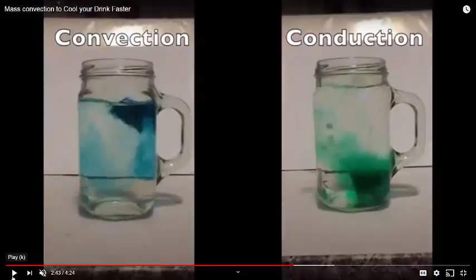Okay, so right there, you've got the blue and the green. The green is doing conduction, so it's sinking to the bottom and it's kind of letting it rise, bumping into molecule by molecule. It's water, so it's not perfect, but you get the idea. And then this is convection, just letting it sink and swirl, okay?